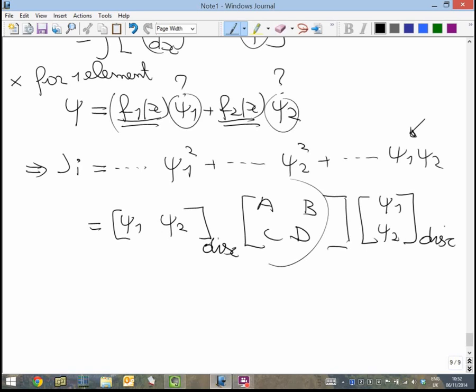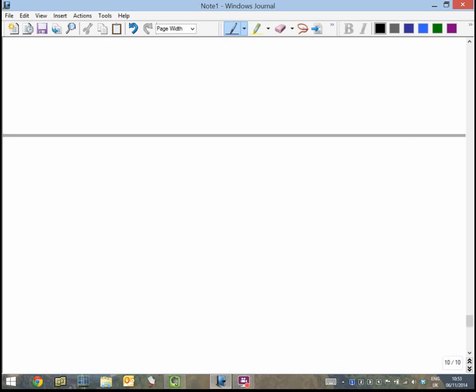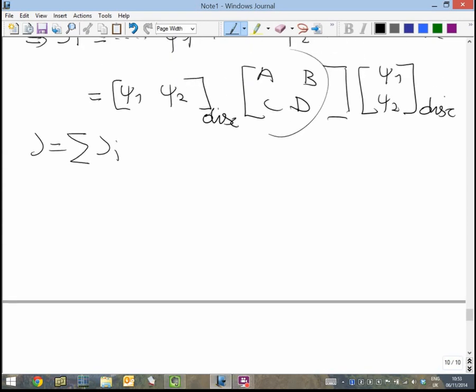If we want to calculate the energy in all of the elements, you can basically write down the following. You just sum the energy up over all the elements. But again, we have the wish of doing that in a linear algebra fashion. So in essence, you can also write down J as something which will look a bit unwieldy, but which is still useful for a computer to handle, as the following expression.